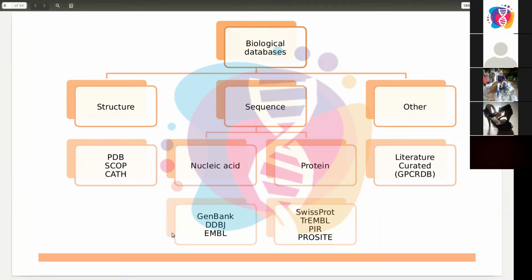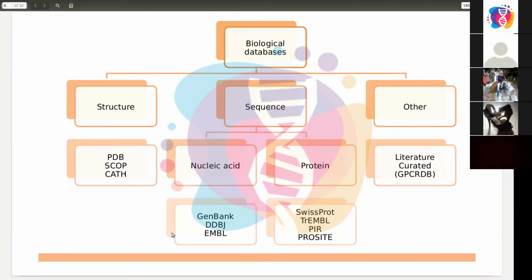The structural databases are PDB, that is Protein Data Bank, SCOP, and CATH. Again, most of the structural databases focus on the proteome rather than the genome or transcriptome. Most of these have protein structures generated using either crystallography or NMR techniques.